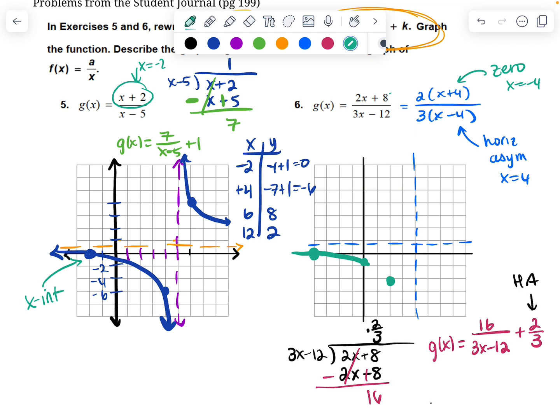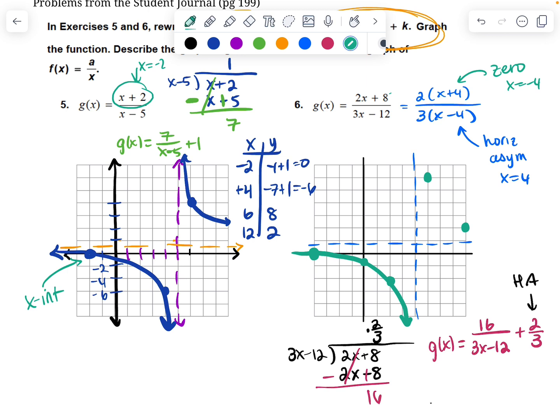And then 5 is going to get us 6. And 8's going to get us 2. So that's going to get us our second branch. Ta-da!